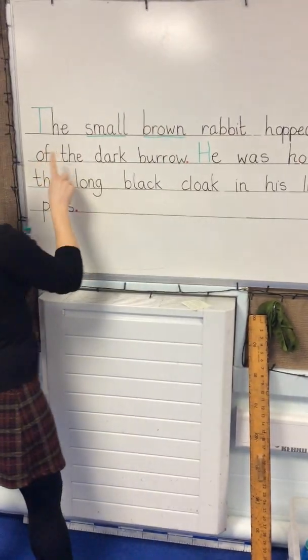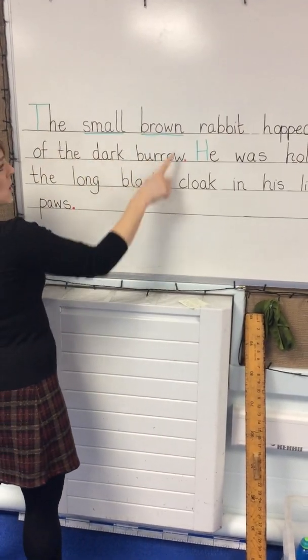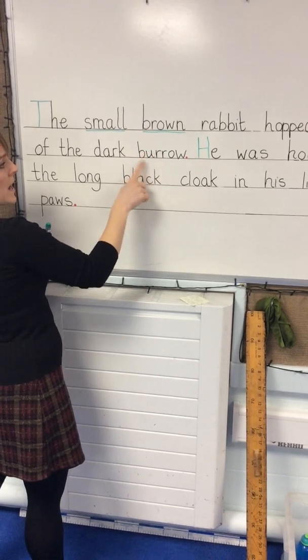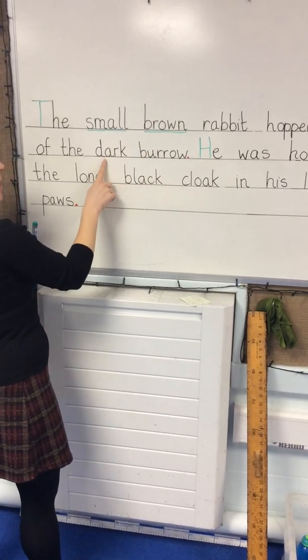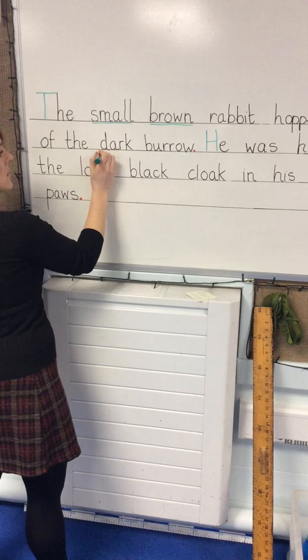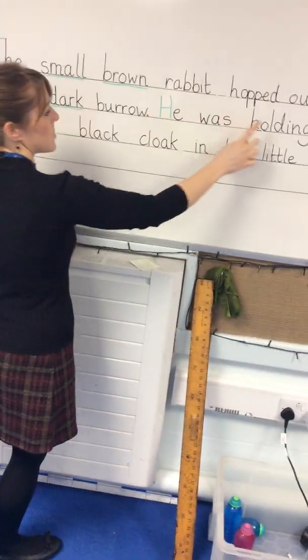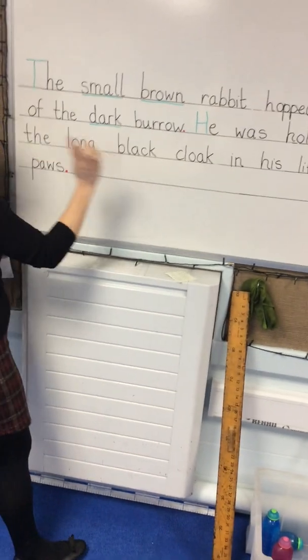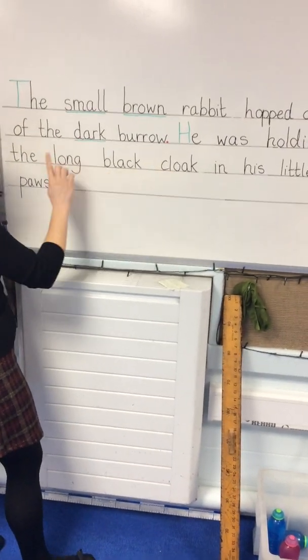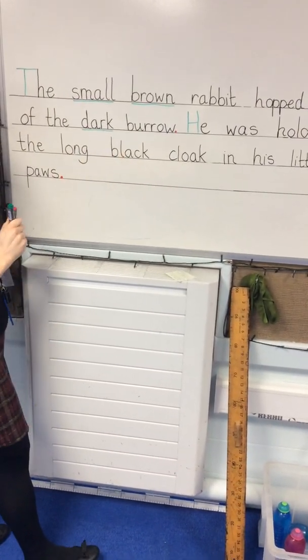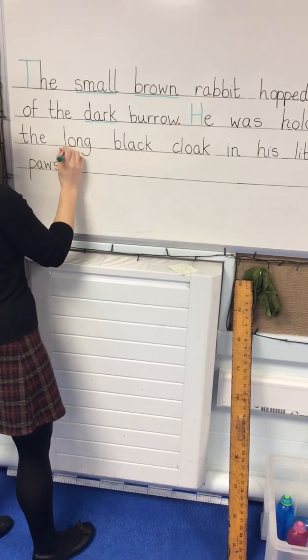Hopped out of the dark burrow. So I've got a burrow, that's my noun, that's my thing, and the burrow was dark. Dark describes the burrow. He was holding the cloak, but long and black. Tell me what that cloak looked like.